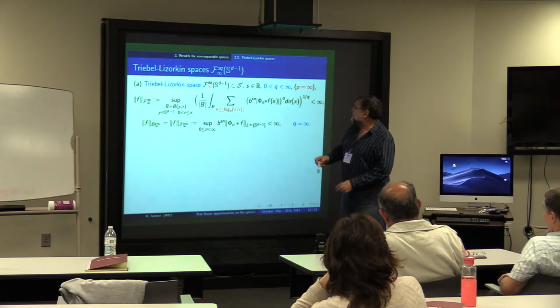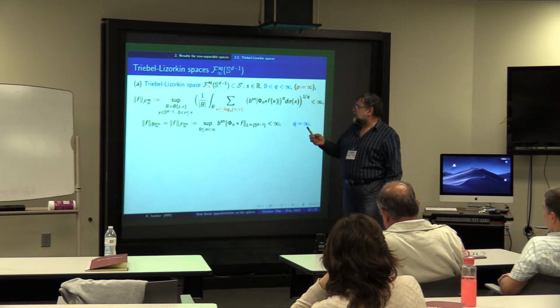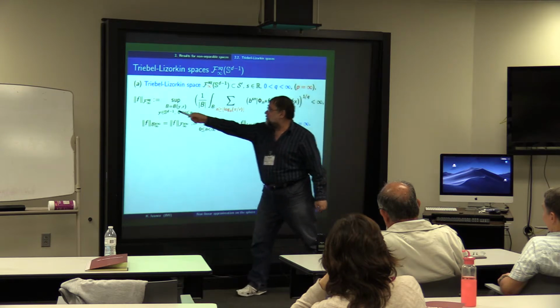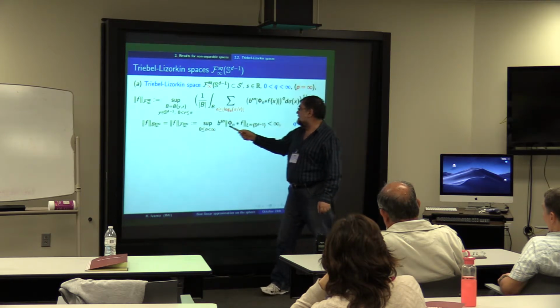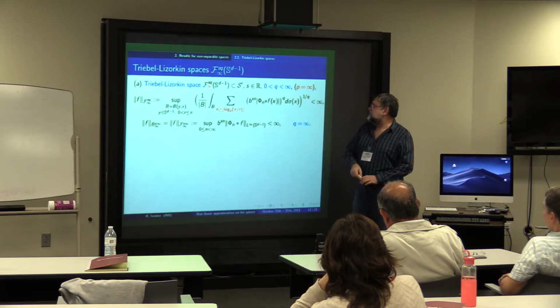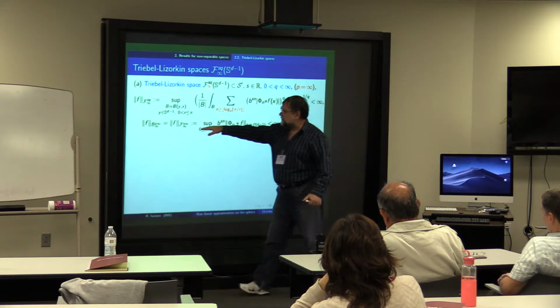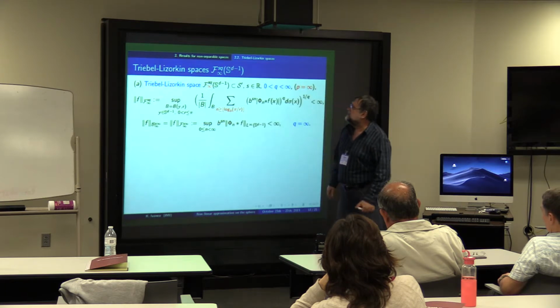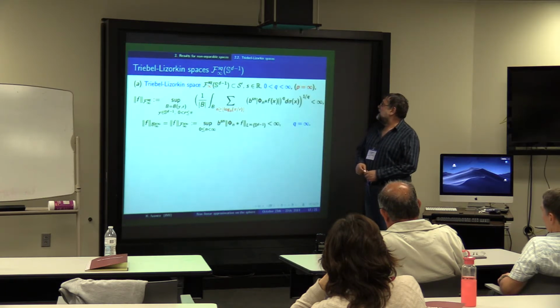This is the most important part here. When you take such kinds of things, for q less than infinity. For q equal to infinity, this is a simple definition which coincides with the Besov norm for these two parameters, but this is not going to be interesting for us. Okay, we have triple Kozlowski spaces defined in this way.